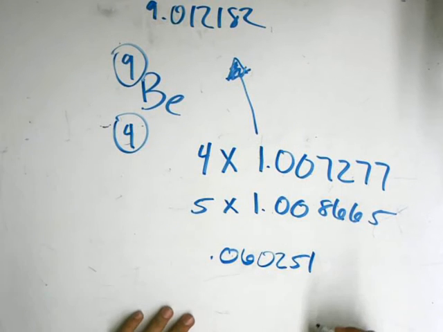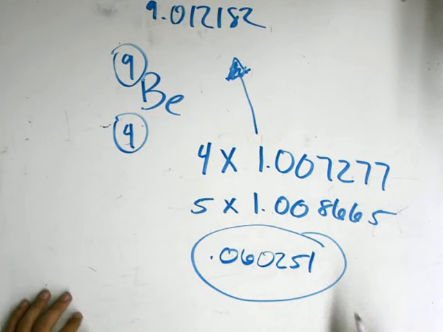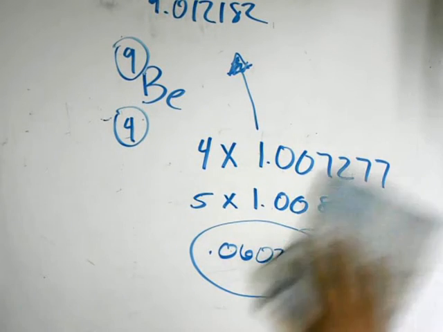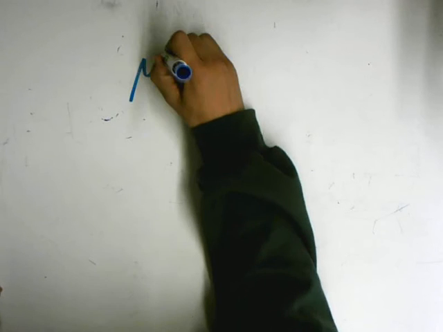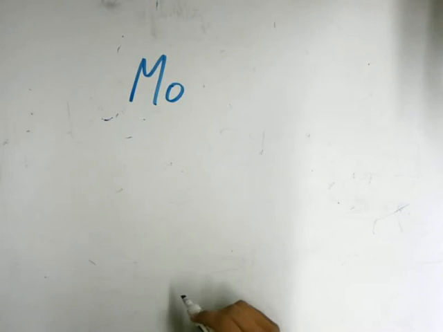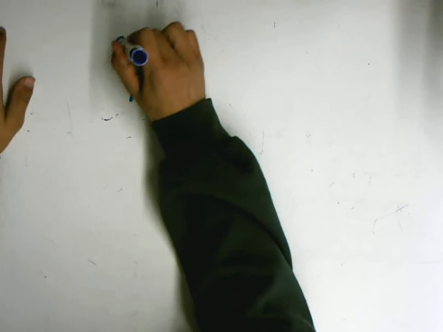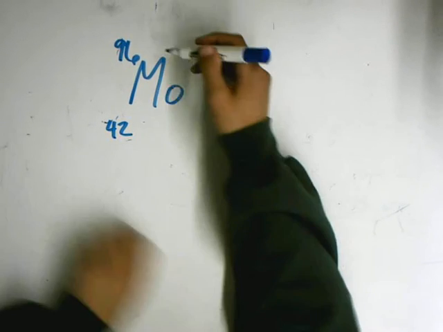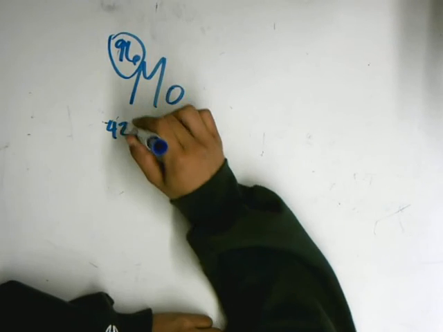And I'll just do one more. 96 and 42. Okay, so 96 nucleons, there's 42 protons, which means there's 54 neutrons.